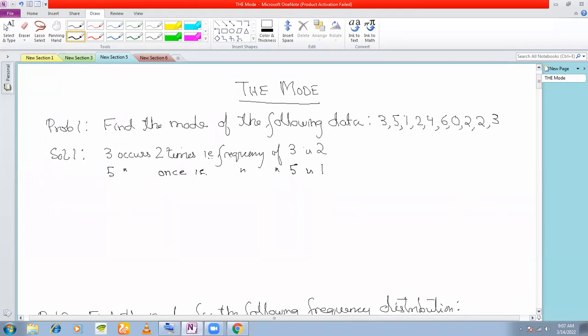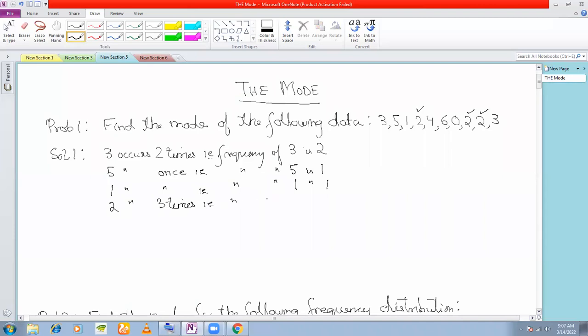Now if you see 1, 1 also occurs only once. That is, frequency of 1 is 1. Next, if you see 2, 2 occurs thrice. Here, here, and here, right? So 2 occurs 3 times.